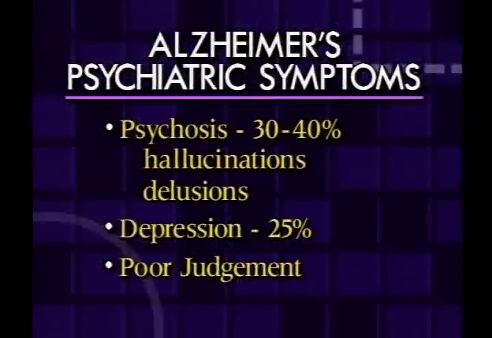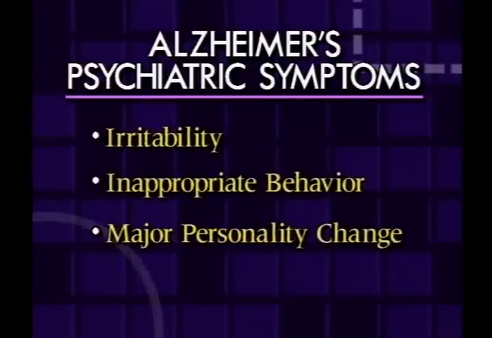In closing, it's important to remember that patients with Alzheimer's disease also have psychiatric symptoms. 30 to 40% develop psychosis, either hallucinations or delusions. 25% develop depression. In addition to that, they become irritable, manifest poor judgment, have inappropriate behavior, and have major personality changes.